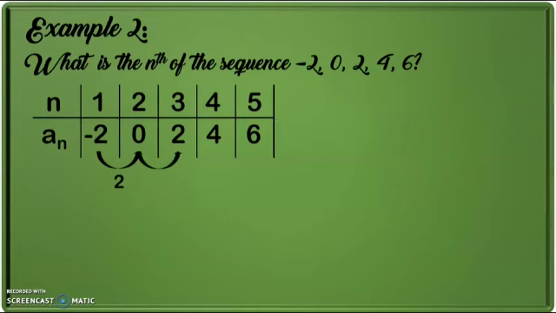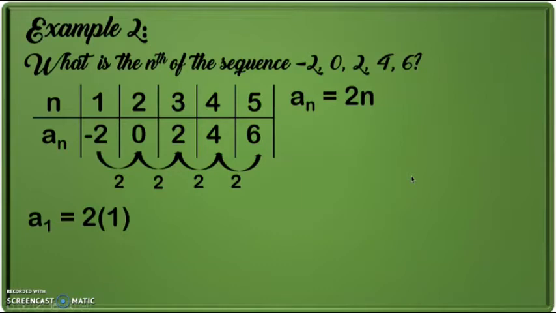By subtracting, 2 minus 0 gives us 2. Likewise, 4 minus 2 is also equal to 2. And lastly, 6 minus 4 is equal to 2. So therefore, now, take this common difference and multiply with n.